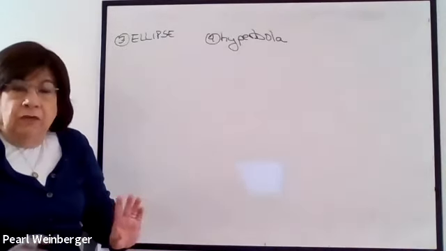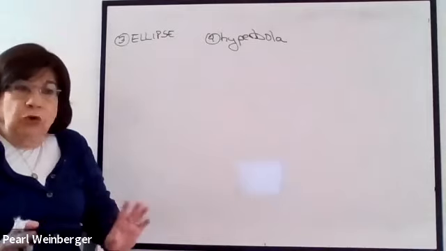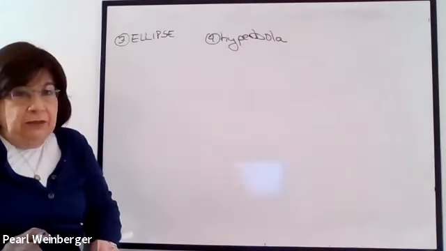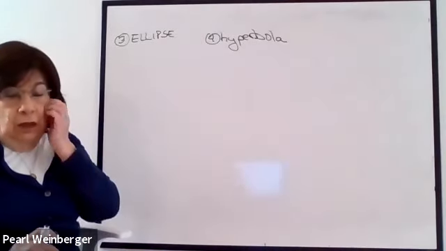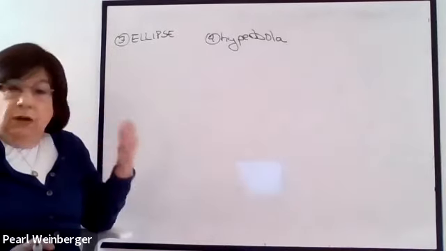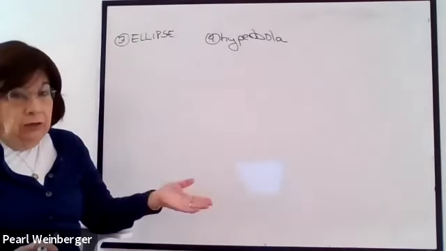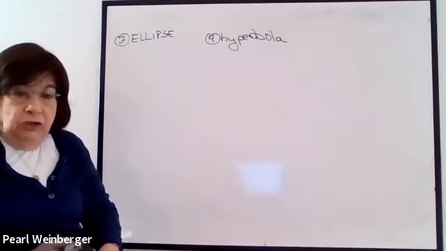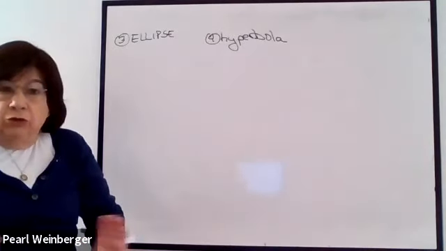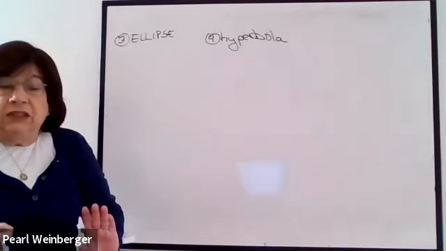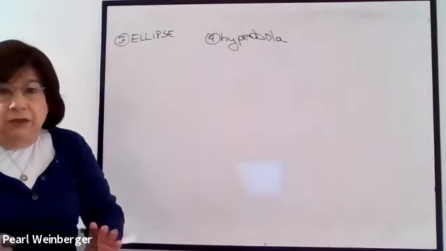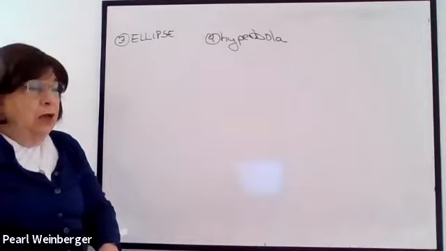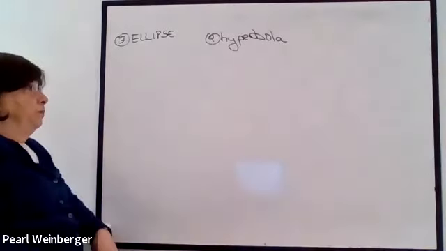We will not cover any types of ellipses or hyperbolas that are not centered at the origin. When you get into higher level courses, you may come across these type of situations. So we're going to be talking about the simplest type of ellipses and the simplest type of hyperbolas.